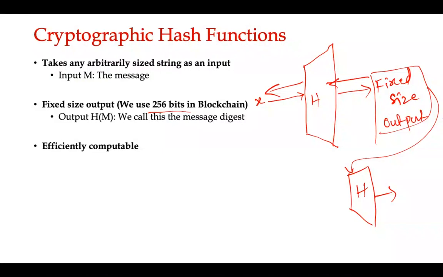We say the SHA-256 algorithm, the secured hash function of 256, we will use here. And this is efficiently computable by converting the given input into a fixed size in hexadecimal form.